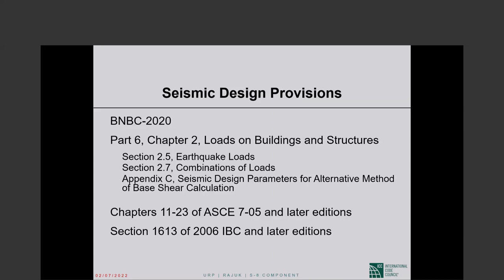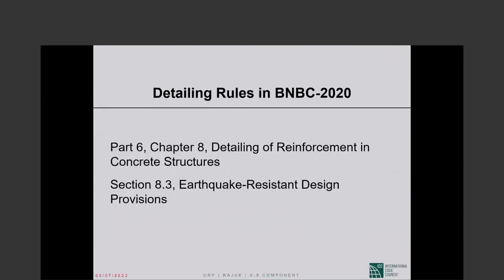If you want to relate to the IBC, ASCE 7-05 was adopted by the 2006 as well as the 2009 IBC. The section number is 1613. Section 1613 of the IBC talks about seismic design forces. Those are taken from ASCE 7. So that gives you a kind of a complete picture.